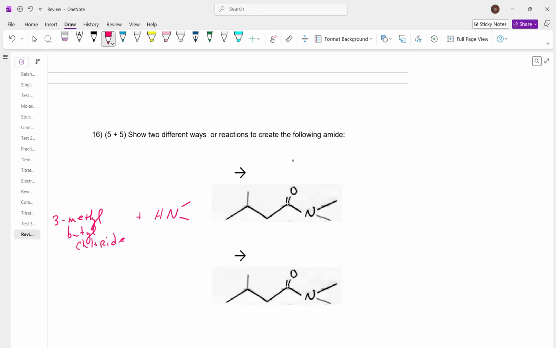Methyl butyl chloride plus dimethylamine.